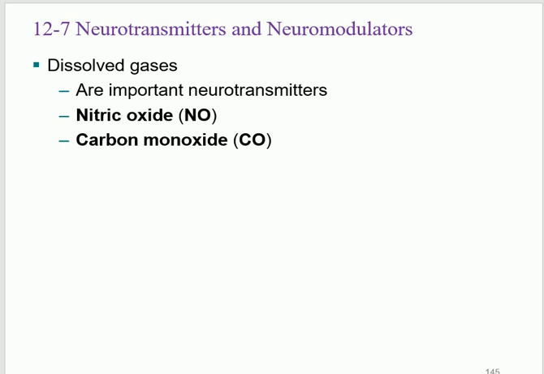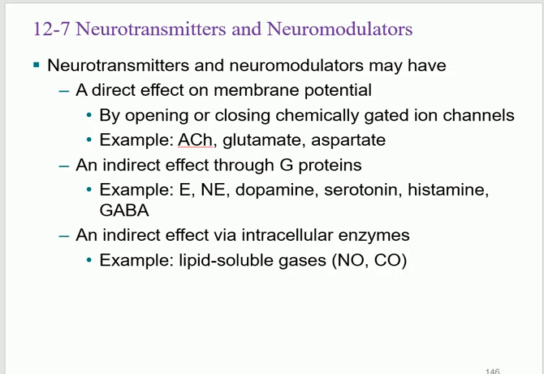And by the way, nitric oxide is the base of Viagra and Cialis and all these things. They work on this. Okay, if you're interested to know, it's nitric oxide. Viagra, Cialis, what does it do? It releases more nitric oxide, increasing the vasodilation and augmenting the erection. So it works through nitric oxide.